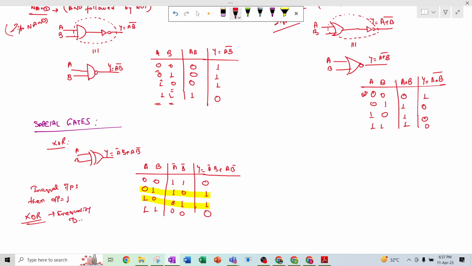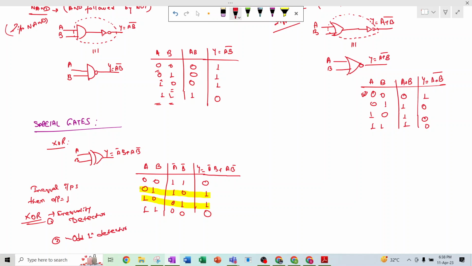Inequality detector. So whatever the output is, if the inputs are unequal, then the output will be 1. And the second thing we can notice is the odd one detector.